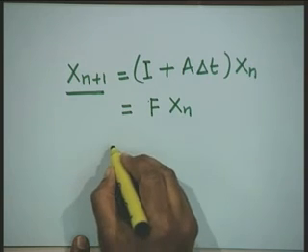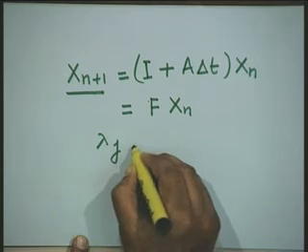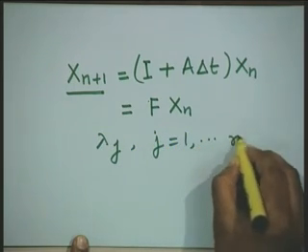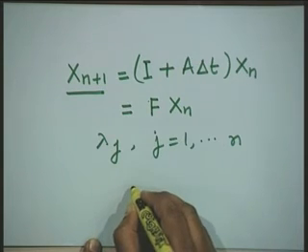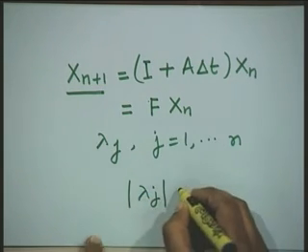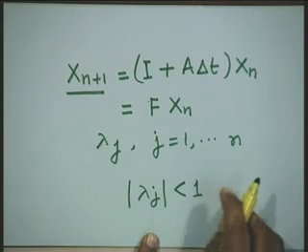That is, all the eigenvalues lambda j for j from 1 to n must lie in a unit circle, that is, magnitude of lambda j must be less than 1.